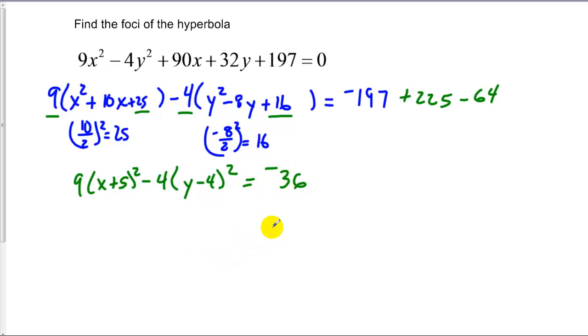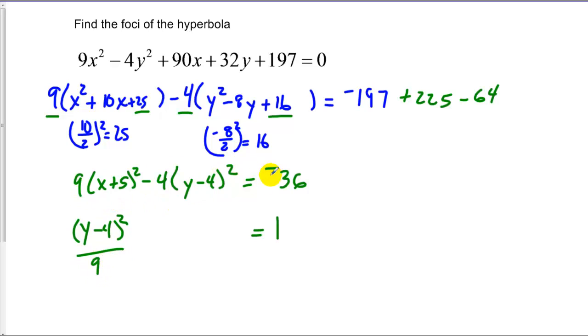Need to get a side equal to 1, so I divide by negative 36 on both sides. Dividing by negative 36 is going to change the sign, so I will take negative 4 divided by negative 36, giving me a y minus 4 squared term that's positive over 9.